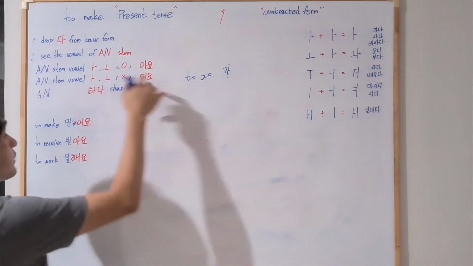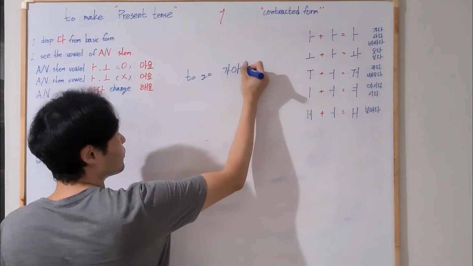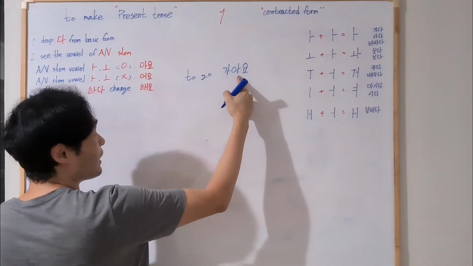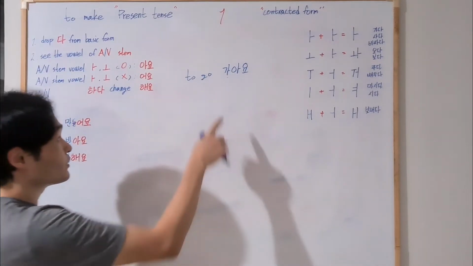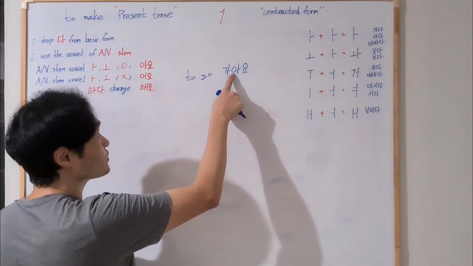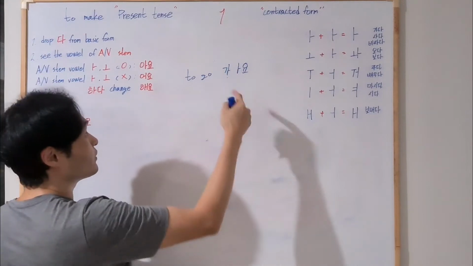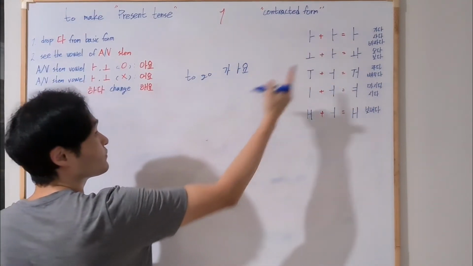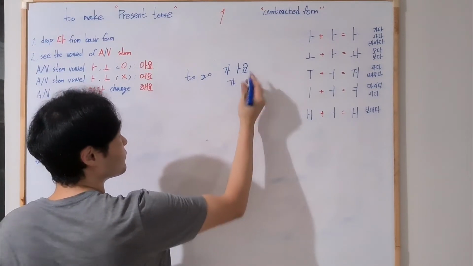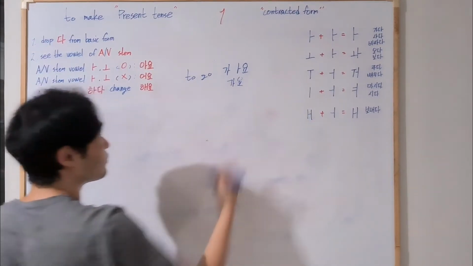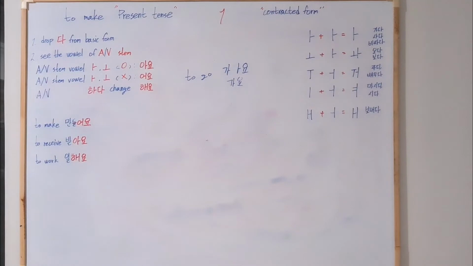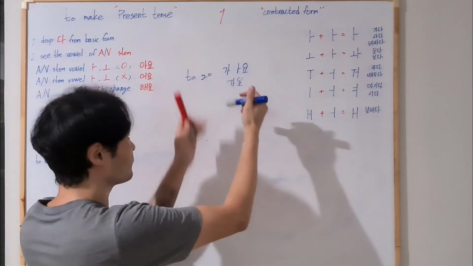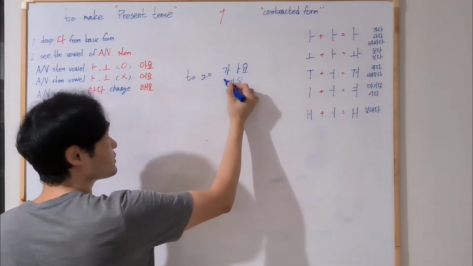When it's 아, we have to add 아요, 가아요. But the first consonant has no sound, and the vowel 아 is the same, so 아 becomes 가요. Contract. 가요. This is present tense.